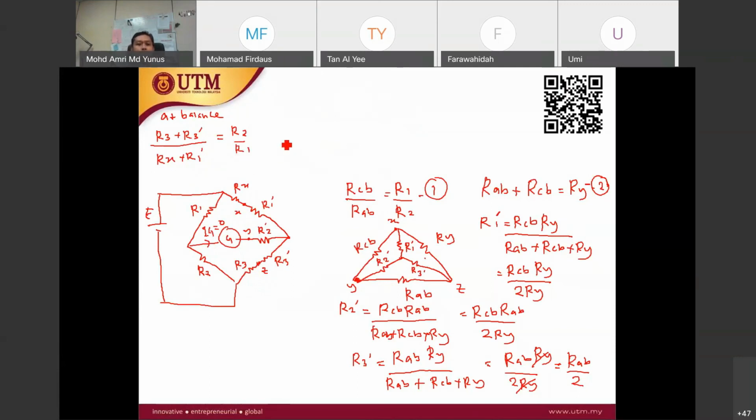So we rearrange this, we get that Rx will be equivalent to R1 over R2 multiply with R3 plus R3 prime, minus R1 prime.